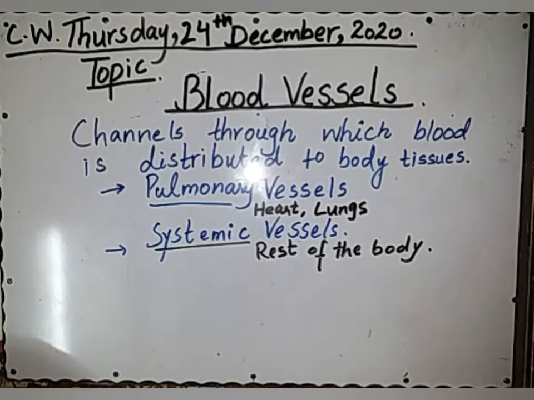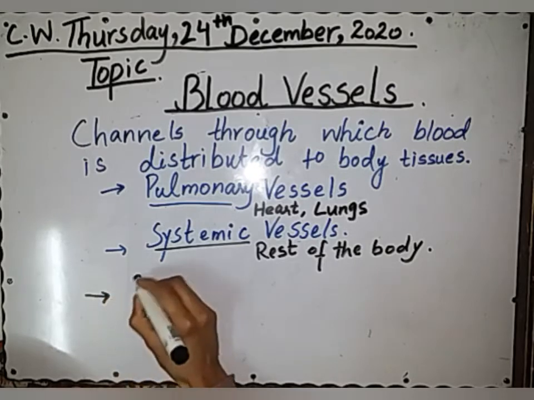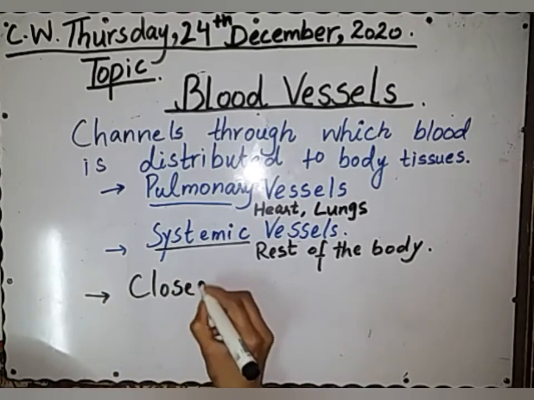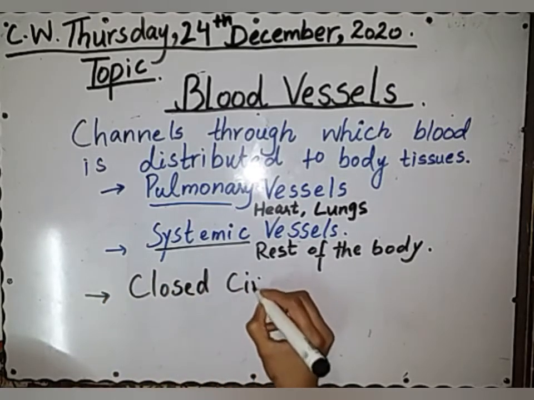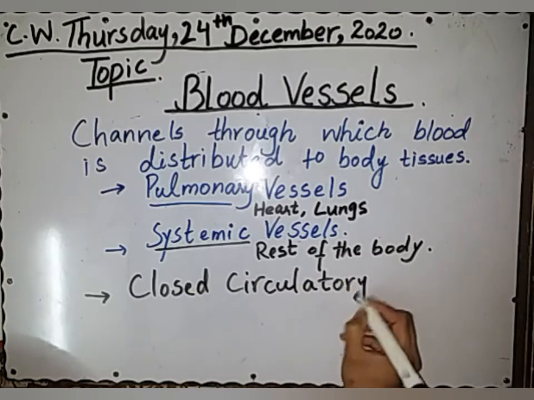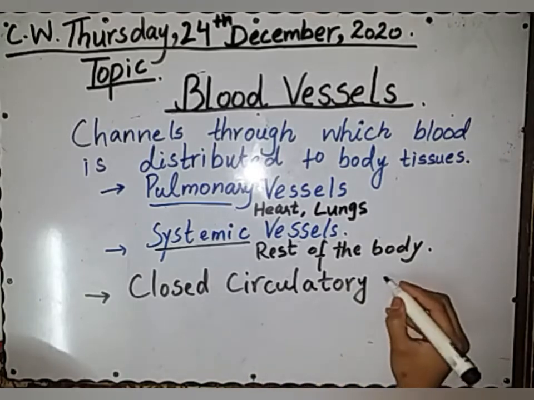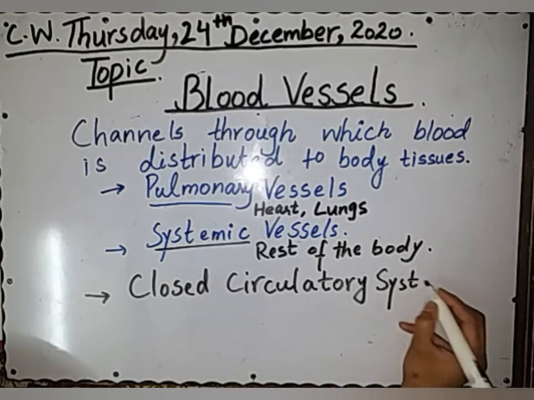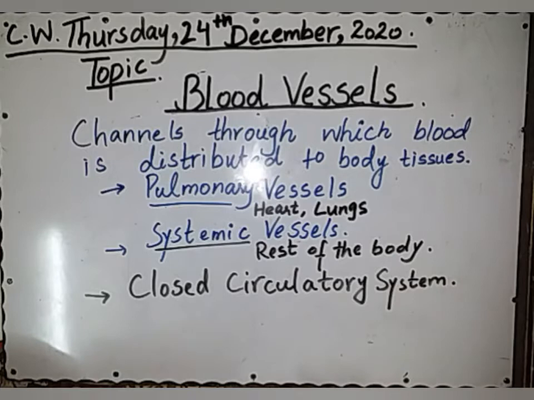Students, in human beings, we have a closed blood circulatory system. We have two types of blood circulatory system, that is closed circulatory system and open circulatory system. In human beings and multicellular organisms, there is a closed blood circulatory system.